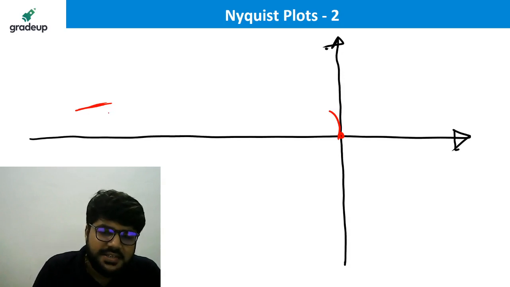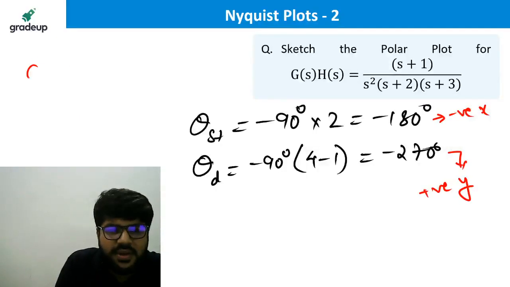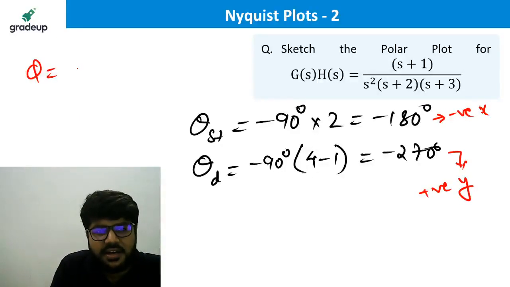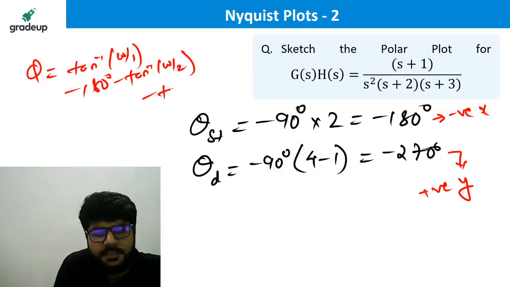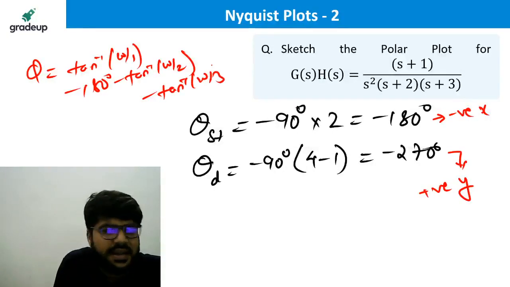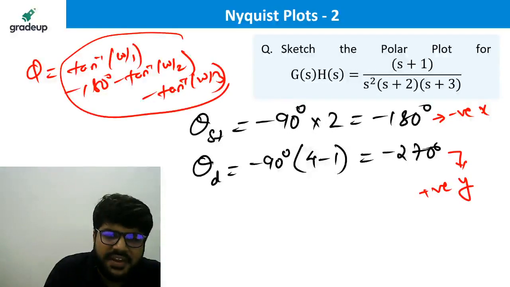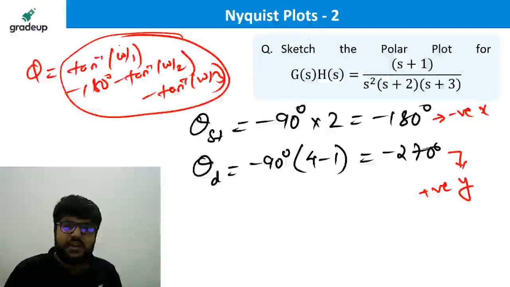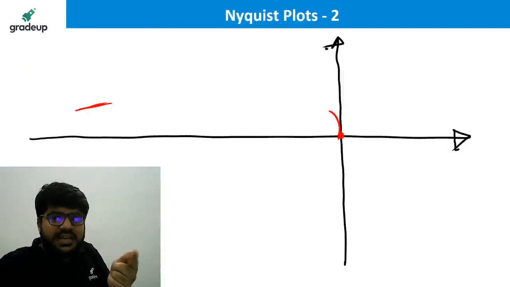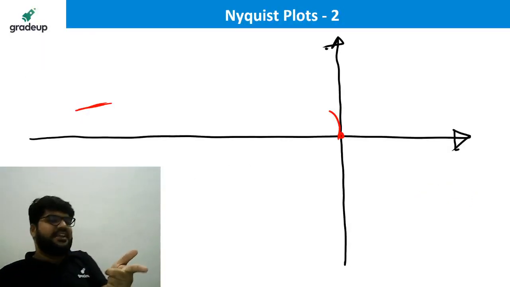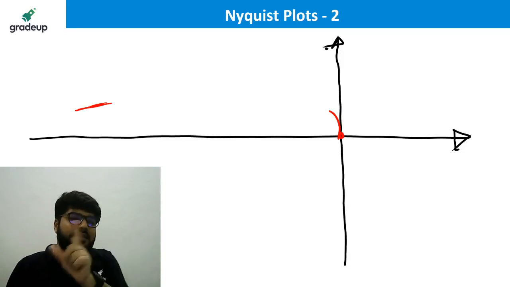Okay, so see guys, once again there are two methods. You can see that the phase has so many tan inverse terms: tan inverse omega by 1, minus 180 degree, minus tan inverse omega by 2, minus tan inverse omega by 3. So you will be involved in simplification of tan inverse, and that is where the critical frequency arises, when you simplify tan inverse A plus tan inverse B minus tan inverse C and write down the simplified expression.